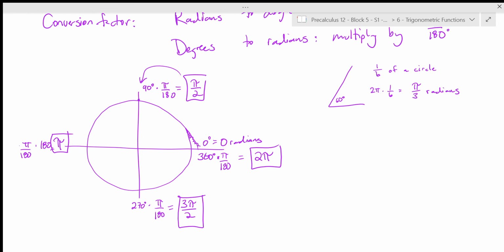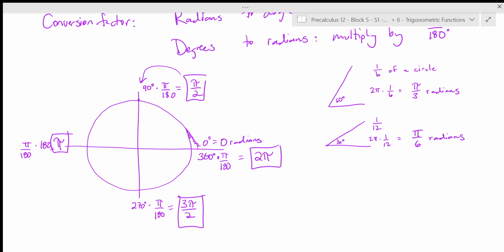If I have something here, we've got 30 degrees, so that is 1/12 of a circle, right? There are 12, because 12 times 30 gives you 360. So if I want to do 2 pi times 1/12, I get pi over 6 radians.